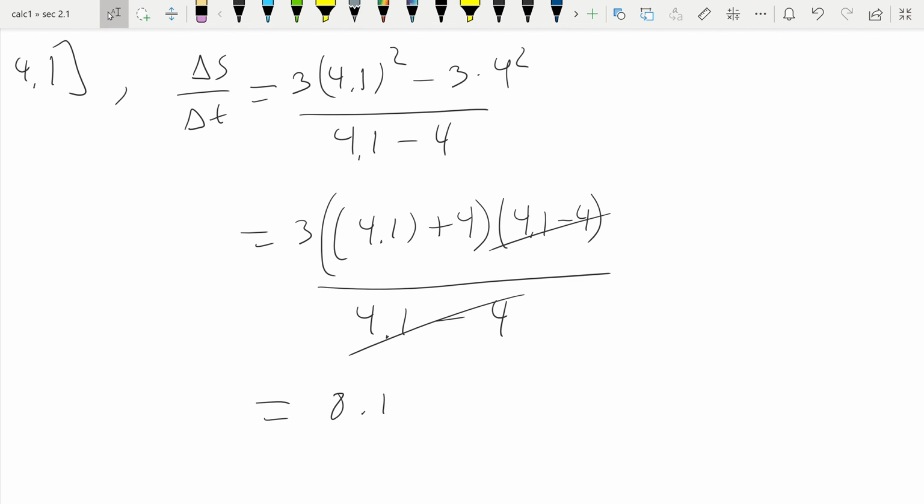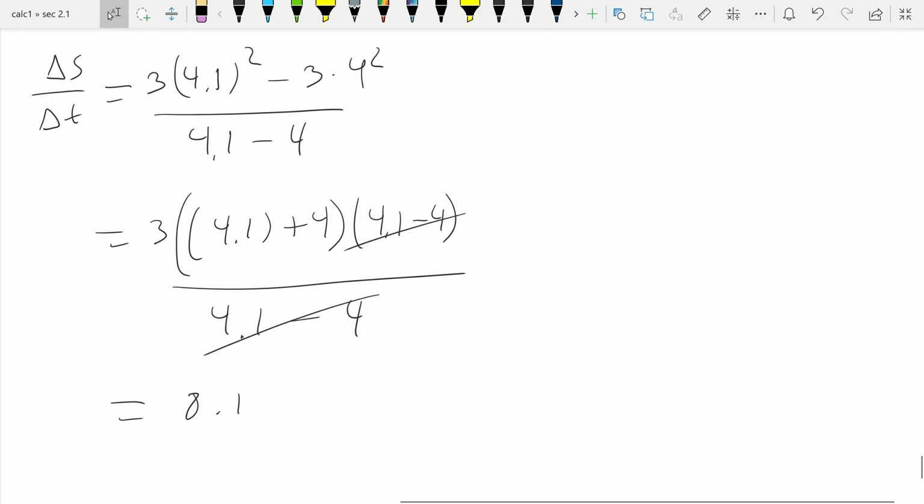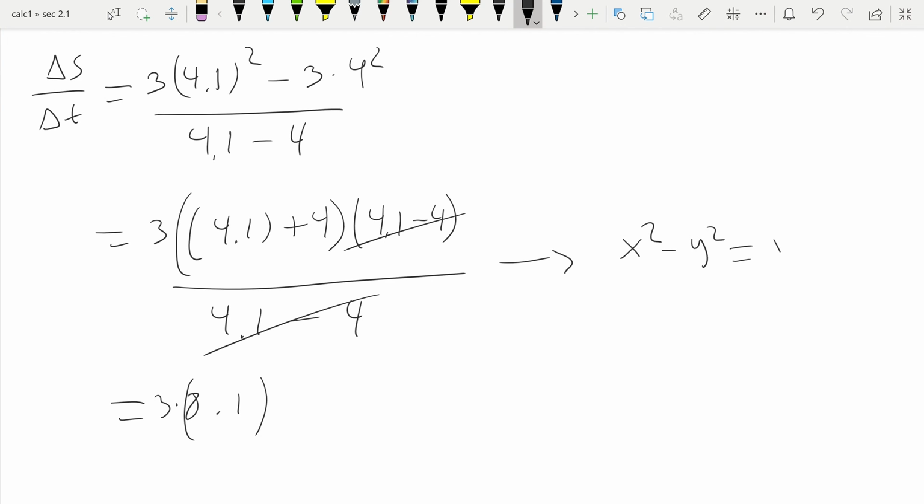In this equality, we have used the fact that x squared minus y squared is x minus y times x plus y, for x equals 4.1 and y equals 4.